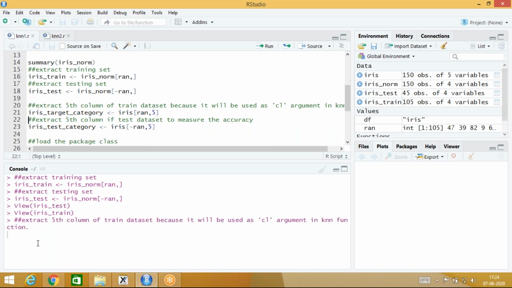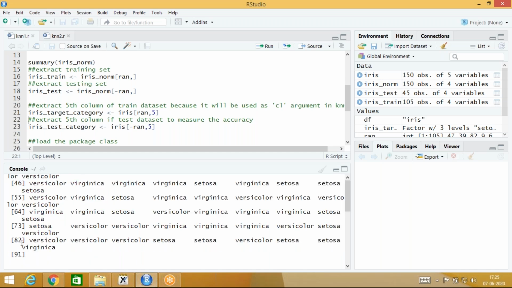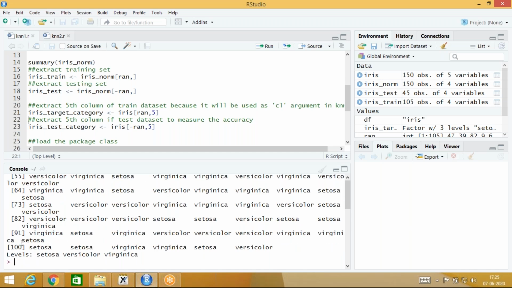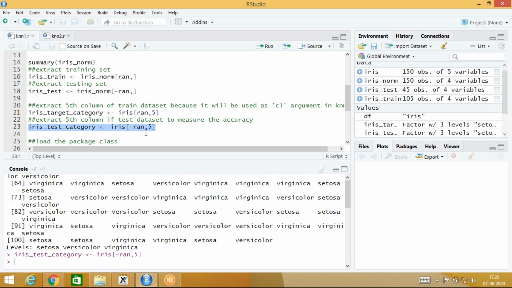So this is the y variable of the training data, and in this line number 23, I am creating the y variable for the testing data. So this is minus rand, what does this minus rand do?